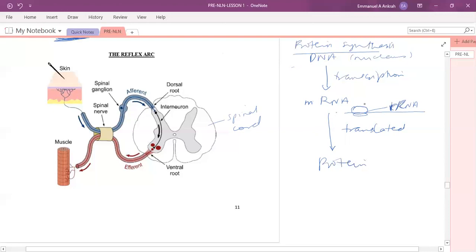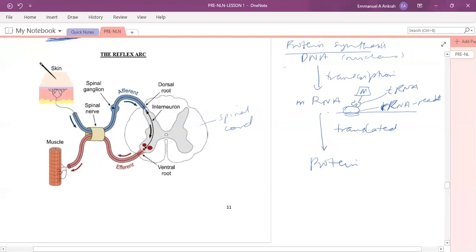And then you have one that brings the amino acid in, a shape like this. It carries the amino acid. And this is called a tRNA, transfer RNA. Okay, so rRNA reads the code. This one does the reading.